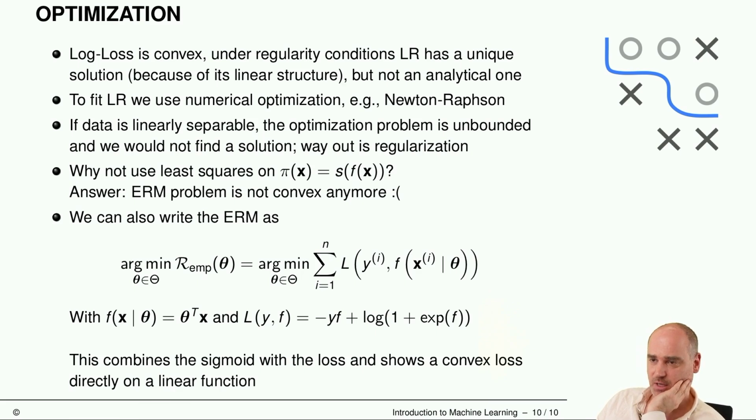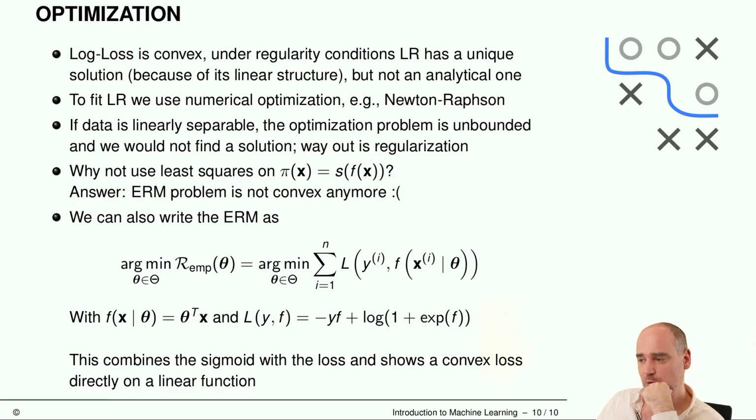First of all, our log loss function that we derived here is a so-called convex function that has certain nice properties, especially if you put this on top of a linear model. So under very simple regularity conditions, if our design matrix is full rank, and if our training data is not linearly separable, then the linear structure together with this convex loss function would guarantee that our logistic regression model, or the underlying ERM optimization problem, has a unique solution.